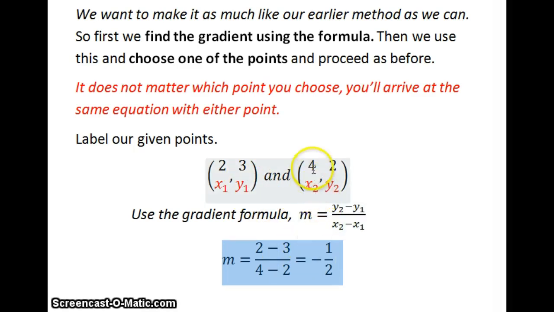Our x2 is 4. Our minus sign comes from the rule. And our x1 is 2. Alright, 2 minus 3 is minus 1, and 4 minus 2 is 2. Because it's a negative divided by a positive, the whole thing turns out to be negative.